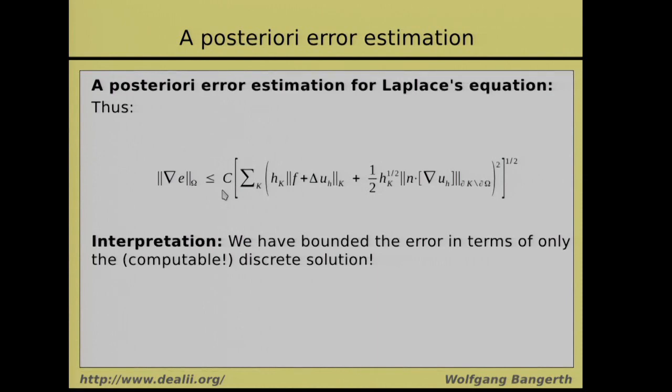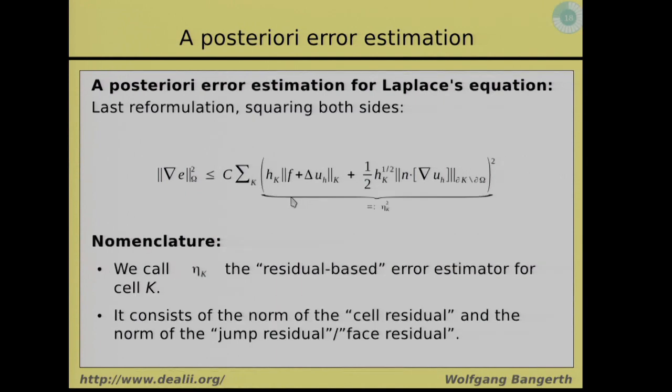I can say, yes, the contribution of cell k to the overall error is less than or equal to what I have here in these parentheses. The last reformulation that I want to do is, let me take the previous formula and just square both sides.